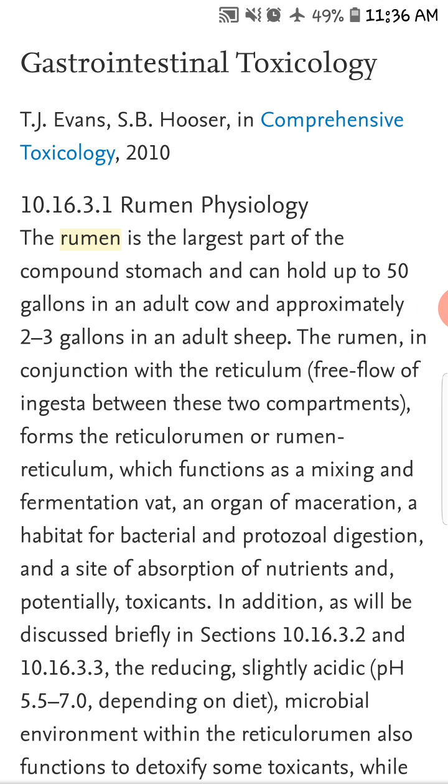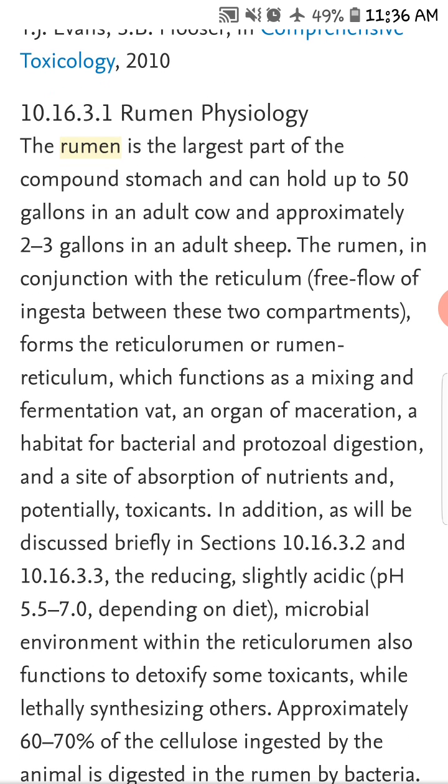Together they form the reticulorumen, which functions as a mixing and fermentation vat, an organ of maceration. Here feed is macerated, and there are beneficial bacteria and protozoa which help in digestion. It is the natural habitat of these beneficial microbes and a site of absorption of nutrients and potentially toxicants.